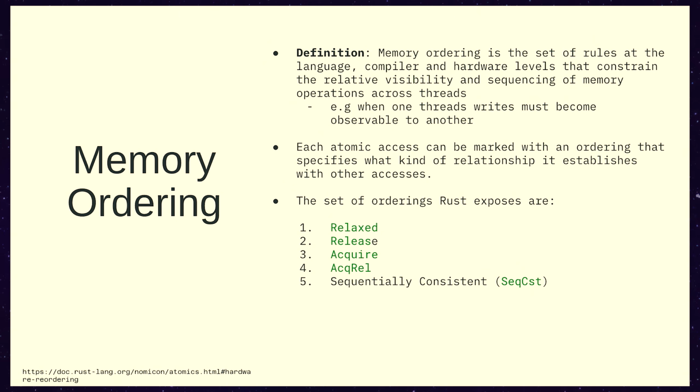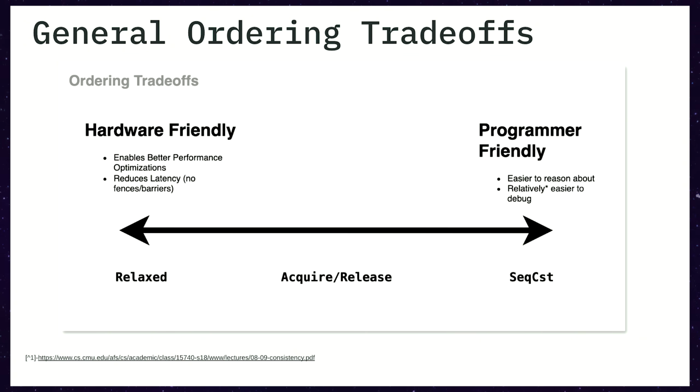If you look at the history of how these have come about, I think sequential consistency was the first, and then more relaxed orderings followed after. A lot of programming languages had to change their memory models to accommodate these. In general, when you start off with relaxed, you typically have more hardware-friendly code being released.